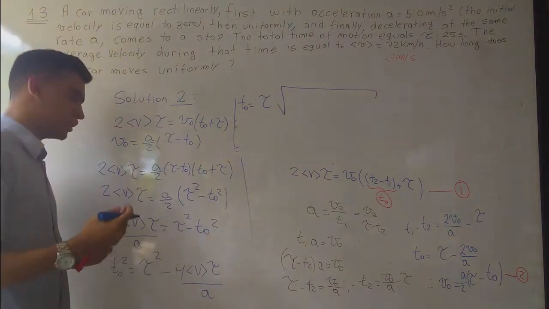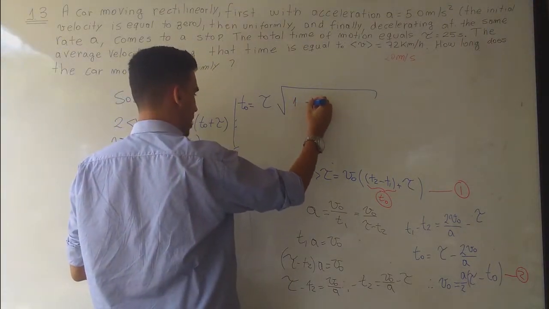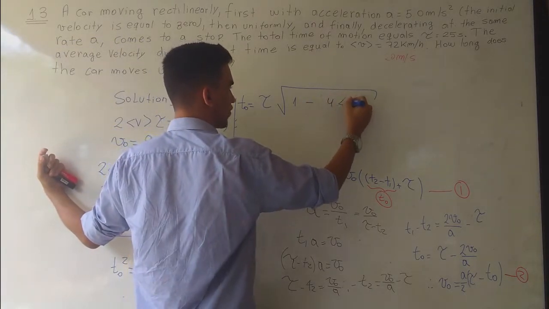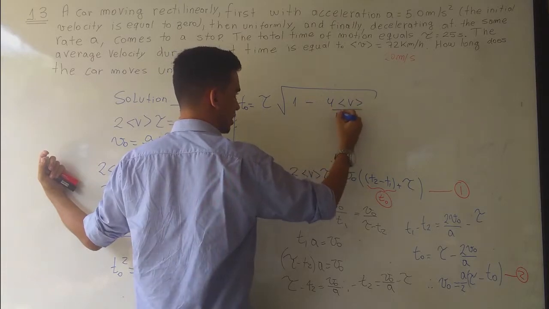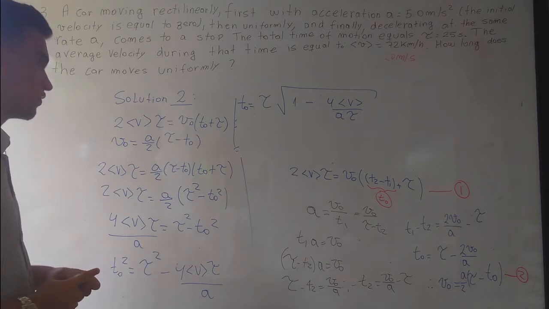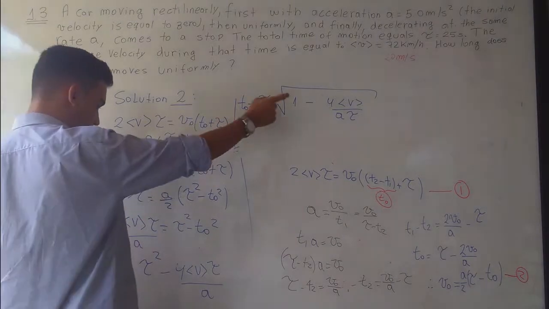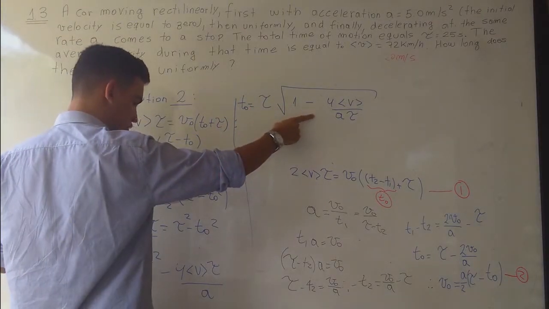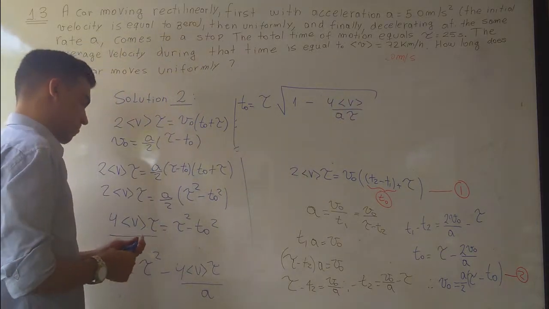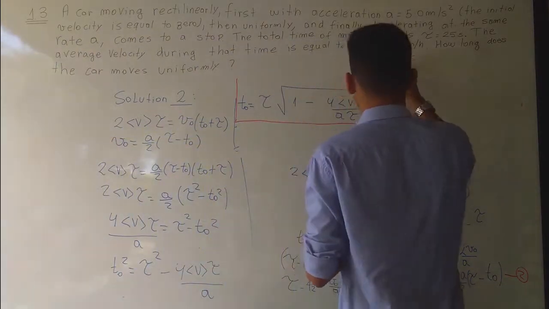So if I put tau squared in common, here will be a 1, here a minus, here will be 4 average velocity over A tau. Let me see if everything is right. I believe it is. Tau squared minus 4 average velocity tau divided by A. Yes. This is the general equation.